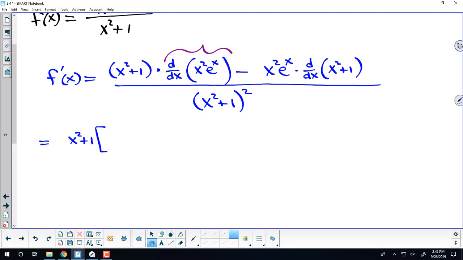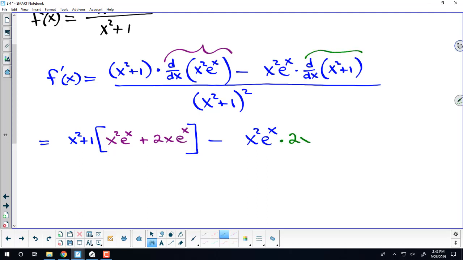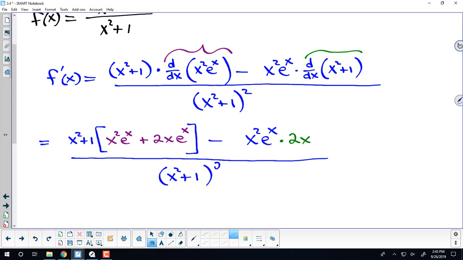So times that derivative, which was x squared e to the x plus 2x e to the x, minus x squared e to the x times the derivative of x squared, so that's times 2x. Then all of that's still over x squared plus 1 squared.